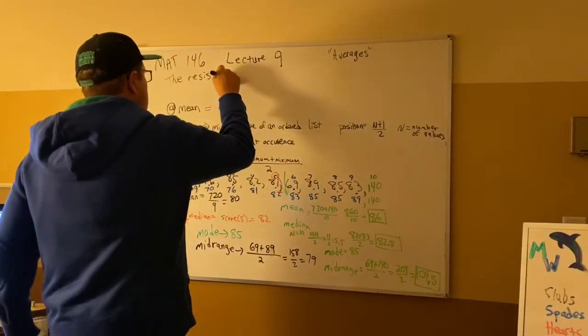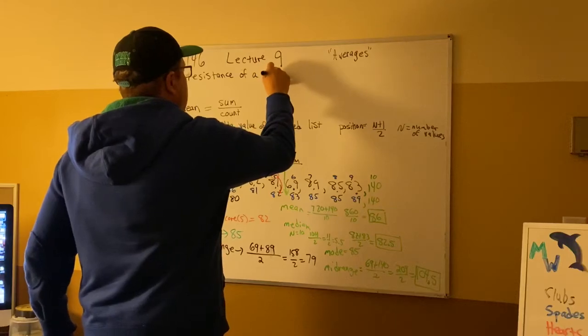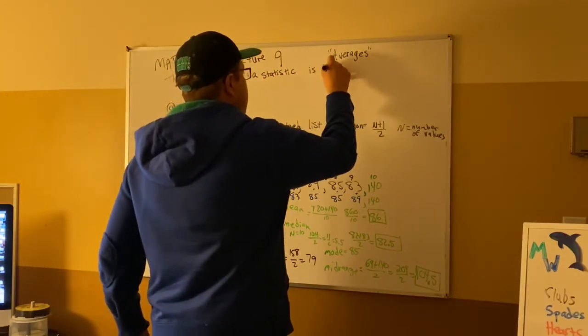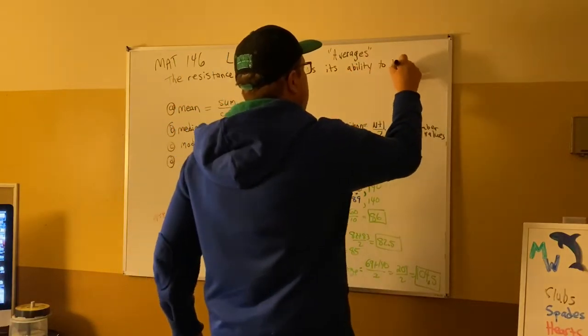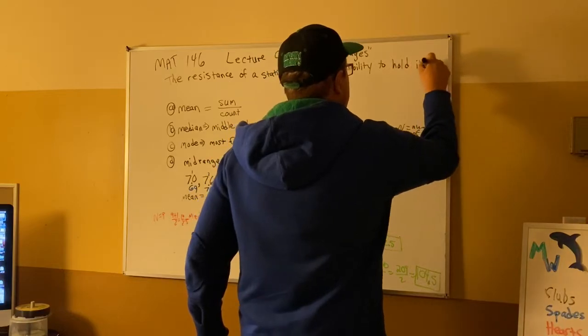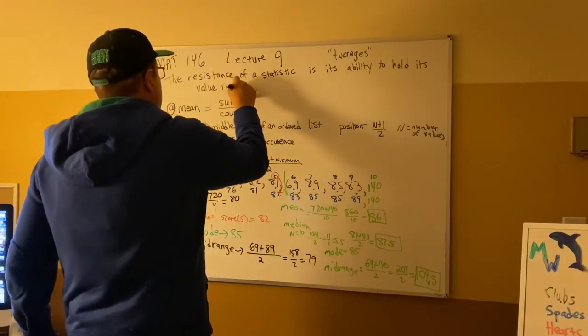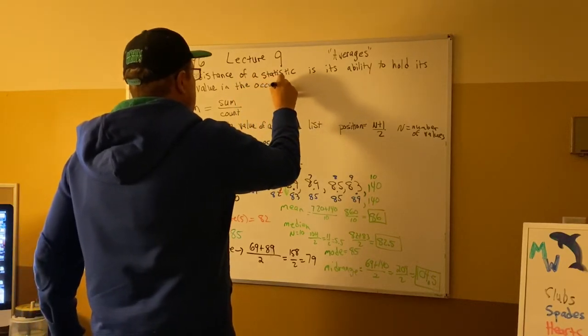Resistance of a statistic, in this case worried about outliers, is its ability to hold up, to hold its value in the occurrence of outliers.